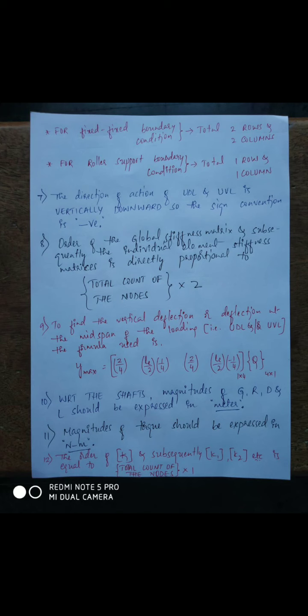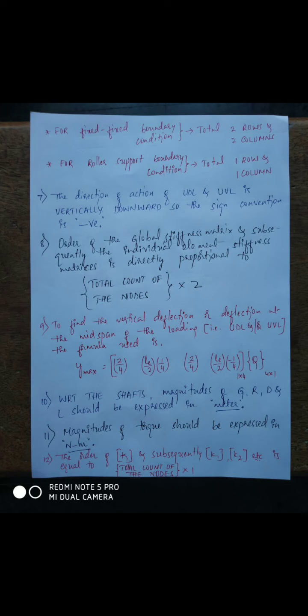Next point tells about the order of global stiffness matrix and in turn individual element stiffness matrices, which is the most important point in solving all the problems of beams and the shafts. That is, the 8th point goes like this: order of global stiffness matrix and subsequently the individual element stiffness matrices is directly proportional to total count of the nodes into 2.